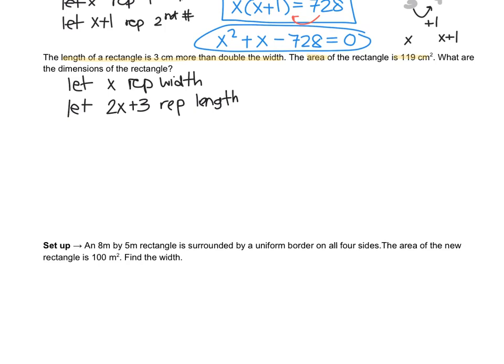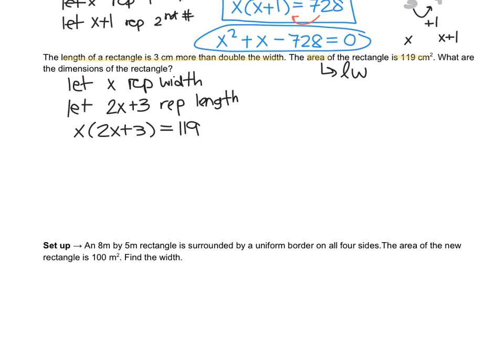Now it tells us that the area is 119, and I know that the area of a rectangle is length times width. So I know my length is 2x plus 3, and I know my width is x. If I put those together, I should get 119. So x times 2x plus 3 equals the area of 119. I'm looking for x, I need to solve for it.